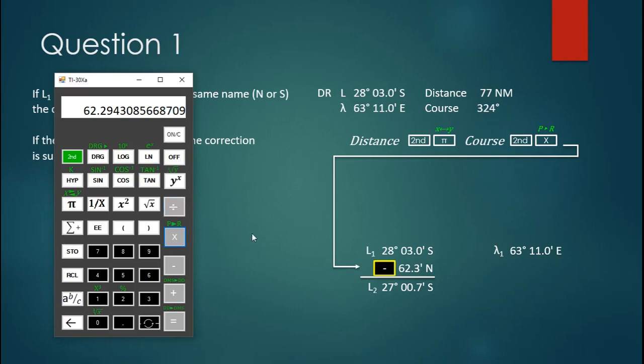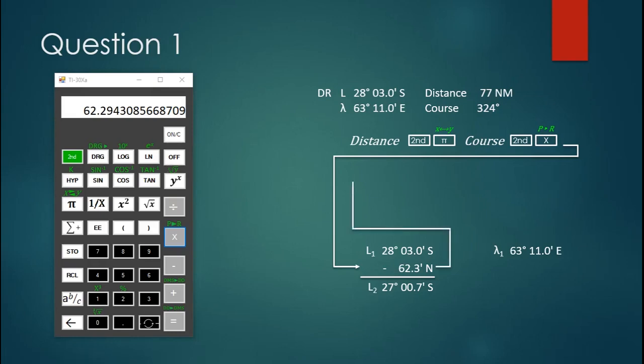All right, so leaving that same number in the calculator, we're going to hit second function, xy again, and then we're going to divide it by the cosine of the latitude. And this is how we're going to key it in, leaving that same 62 in there.